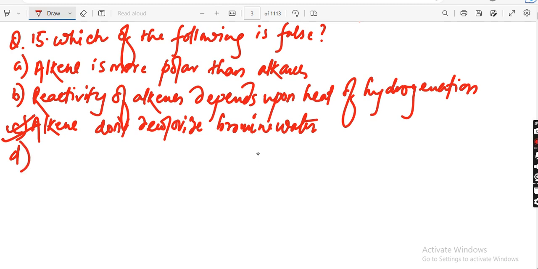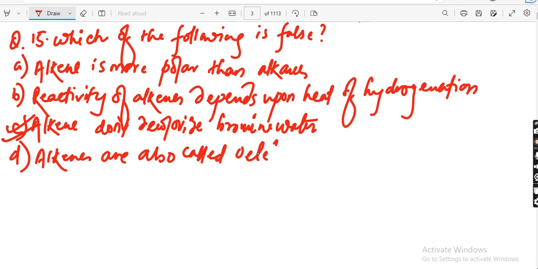Alkenes are also called olefins, right? This is right. So this one is the only wrong statement.